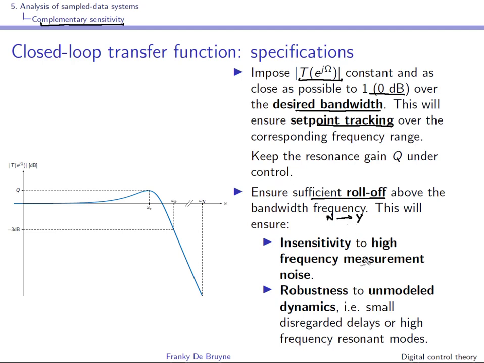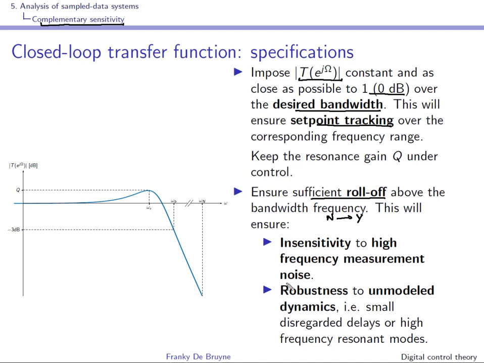The measurement noise has a high frequency content above the bandwidth frequency. So if we want to attenuate this measurement noise, we have to make sure that the complementary sensitivity function has a small gain above the bandwidth frequency.